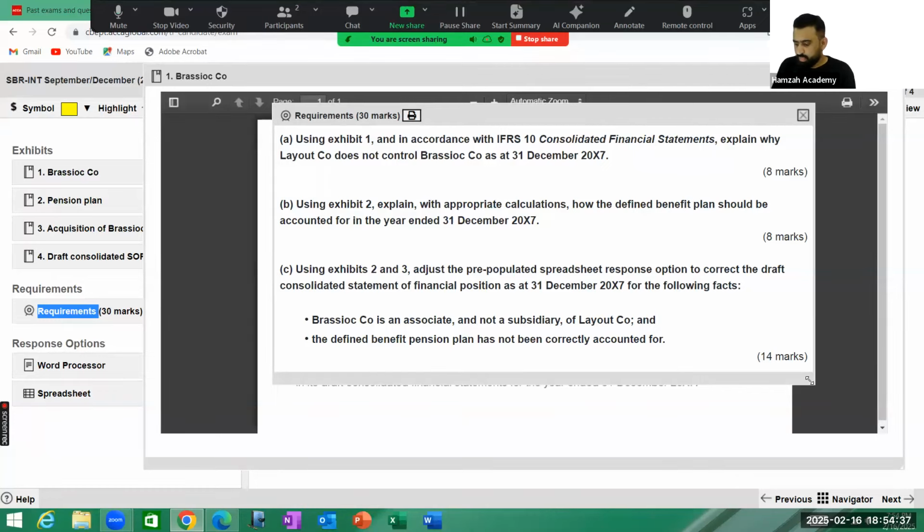That is requirement number one, and that is relating to the first exhibit.